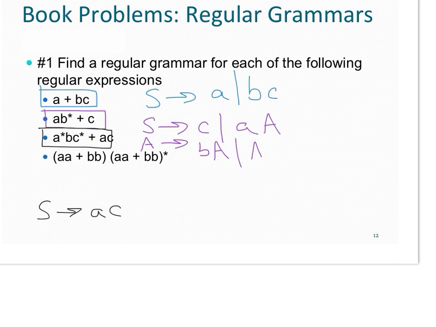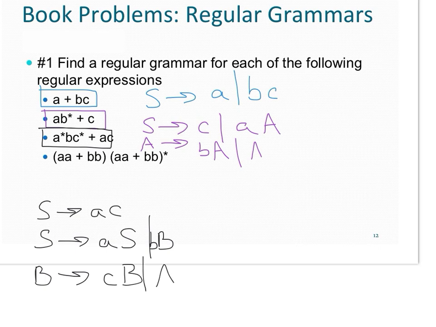And now I need to do the rule for a star bc, so S goes to aS or b, big B, if I'm feeling lazy, right? And then big B goes to c, big B, or lambda. I think that does that one.